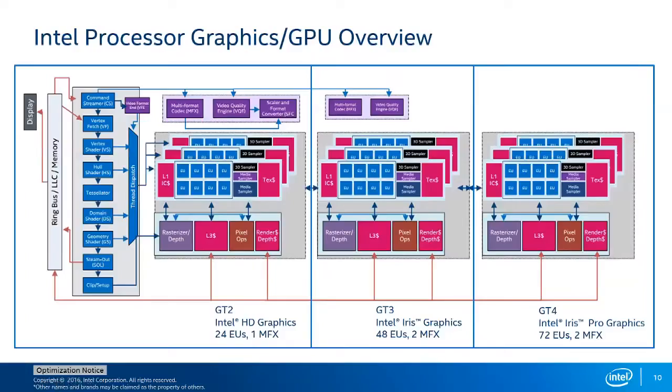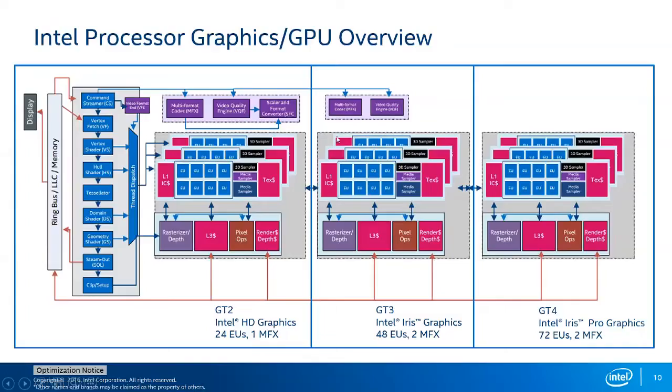So just digging down a little bit deeper into the GT levels, we designed the GPUs like this to provide a scalable design for multiple price and power targets. The slice architecture allows for 1 to 3 of these slices, and so here you can see this as we had in the previous slide, GT2, GT3, GT4.